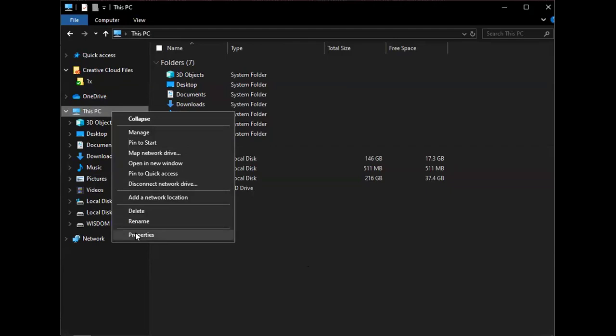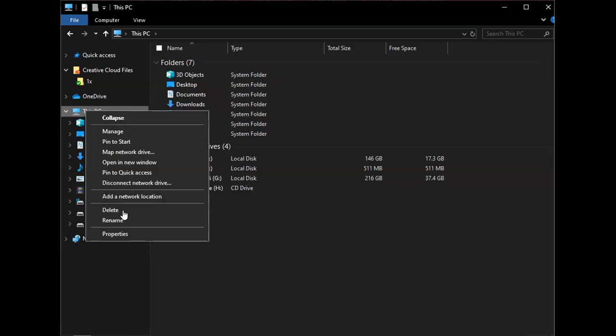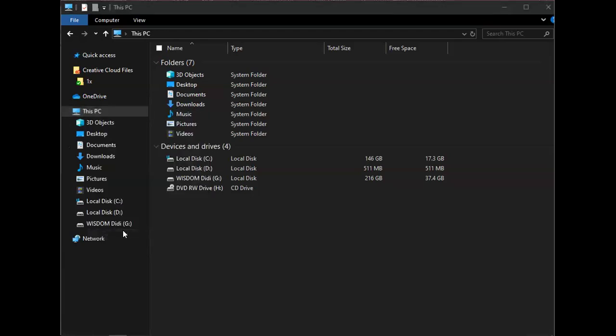It shows me Windows and network. No, you should see properties when you right-click on This PC. Just look at my screen. Right-click, you see properties. Okay, let me see. Go back.